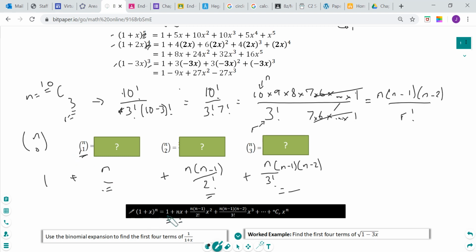Of course, I'm going to have a 1 term from a 1 multiplied by another 1, but there's going to be some kind of x term, isn't there? There are going to be x's multiplied by 1's. So n is the coefficient that I've got here, okay? And similarly, if you look for the next part, n times n minus 1 over 2 factorial, that's the coefficient for this next part, okay? And so on, and so on, and so on.